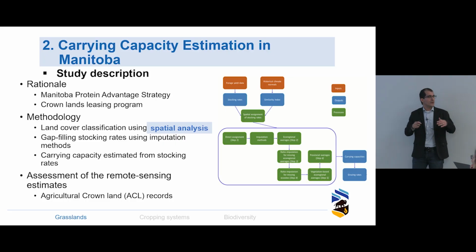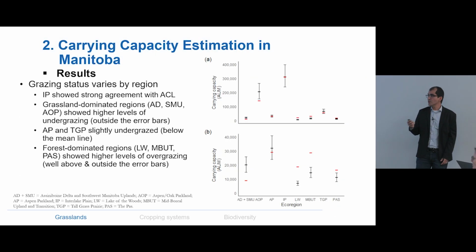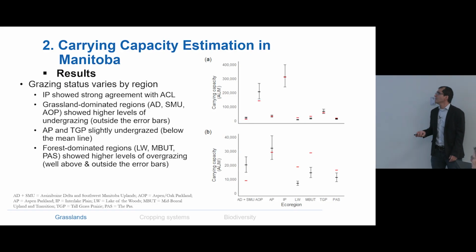It was a hierarchical 6-step approach going from more precise to more uncertain. But at the end of the day, we get carrying capacities, which is stocking rate by area, aggregated by area, and then you could see the status of the grazing across the province. And we compare this to the official records of the province to see is there any potential for improving or increasing the allocation of those resources.